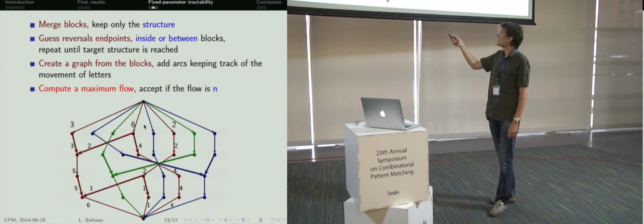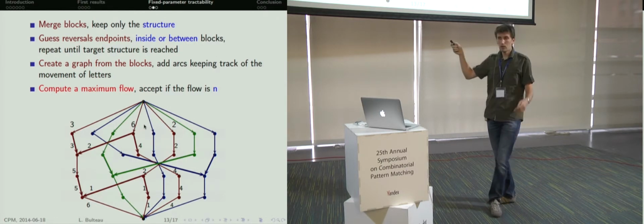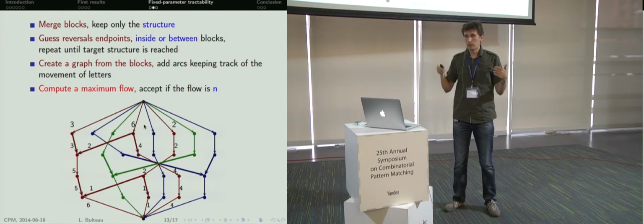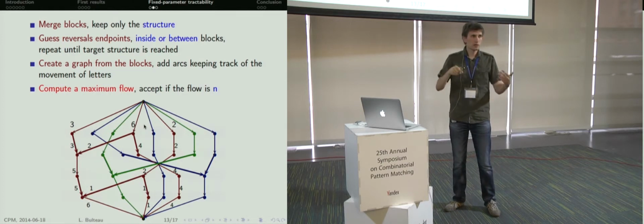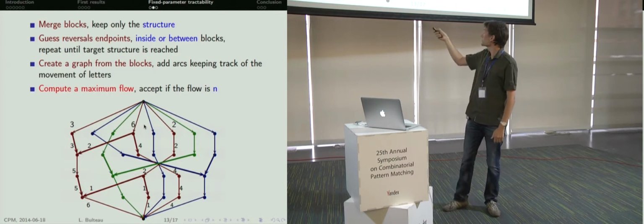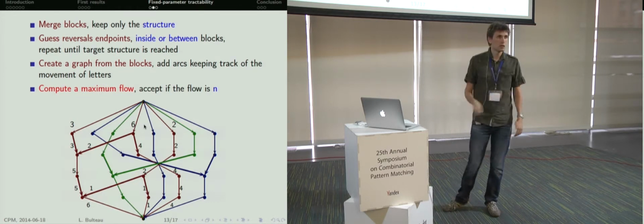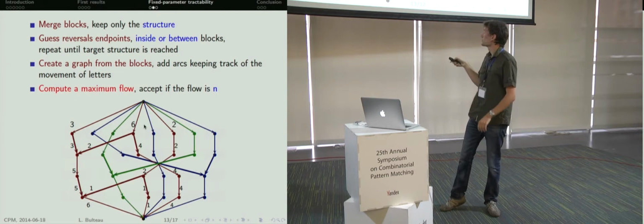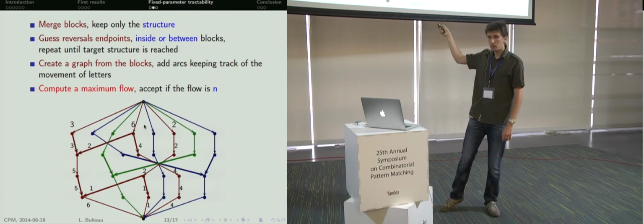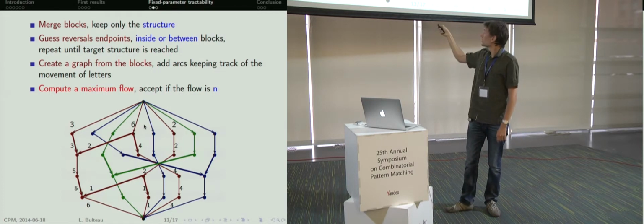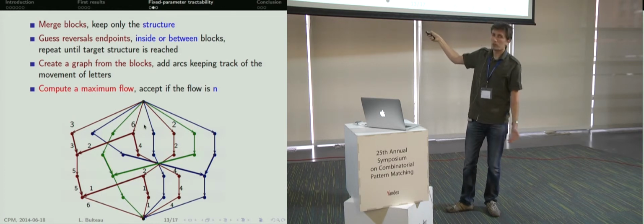So now we compute a maximum flow. And if we manage to have a flow which covers all the letters of both input strings, so 3, 6, and 2 here, and 6, 1, and 4 here, then this gives us a solution. So out of the 6 letters which were in this block, 2 went to the left, 4 went to the right, and the 2 here matched with the 3 of this block, which became a block of size 5.